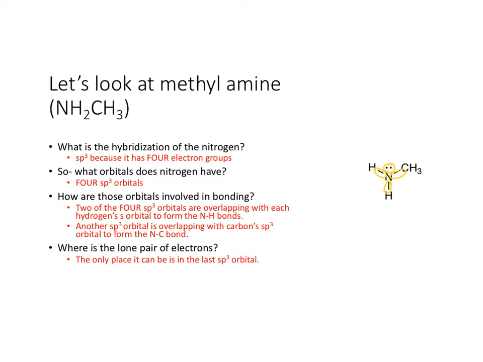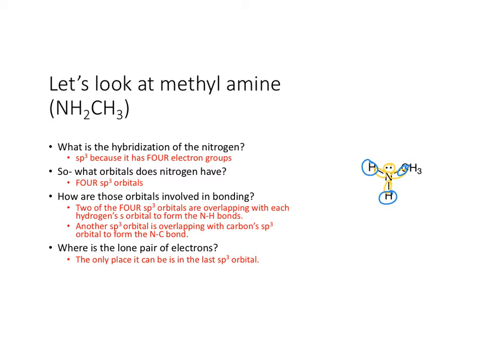Well, 2 of the 4 sp3 orbitals overlap with the hydrogen's 1s orbital to form those nitrogen-hydrogen bonds. Then a third sp3 orbital on nitrogen overlaps with the carbon's sp3 orbital to form the nitrogen-carbon bond.